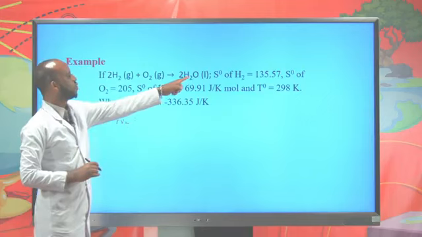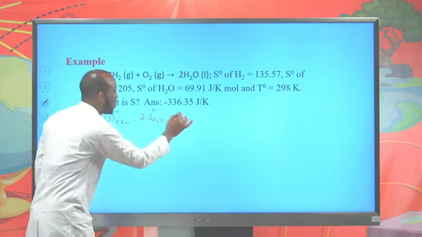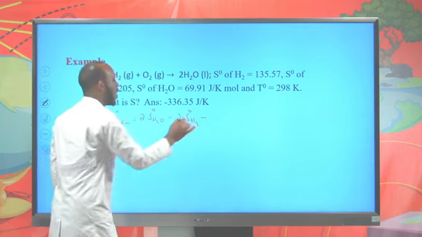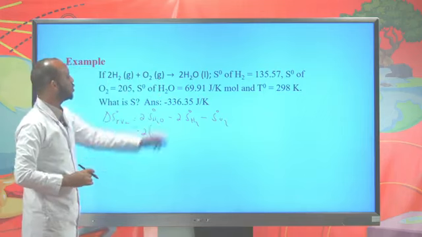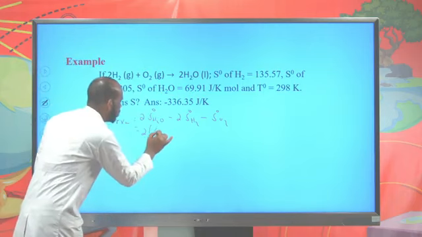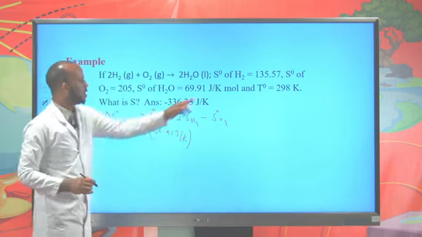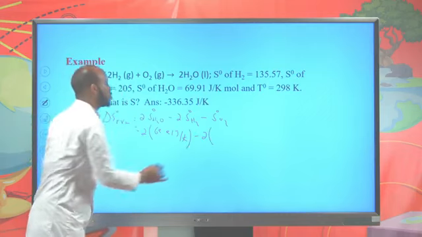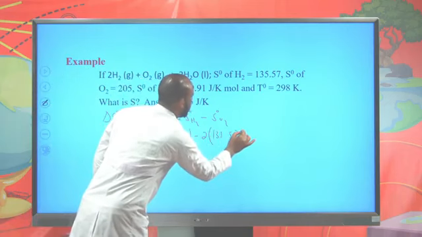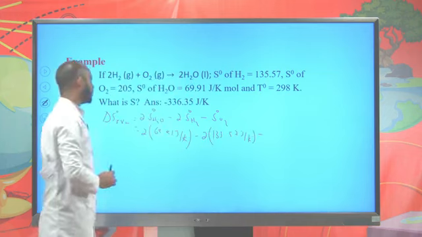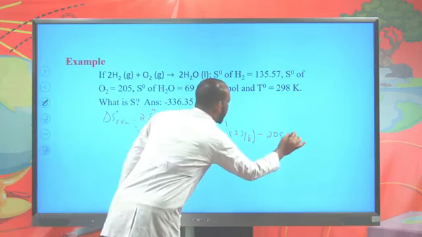It equals 2 times molar entropy of water minus 2 times molar entropy of hydrogen minus 1 times molar entropy of oxygen. 2 times 69.91 joule per Kelvin, mole will be cancelled by mole, minus 2 times 135.57 joule per Kelvin, minus 205 joule per Kelvin.